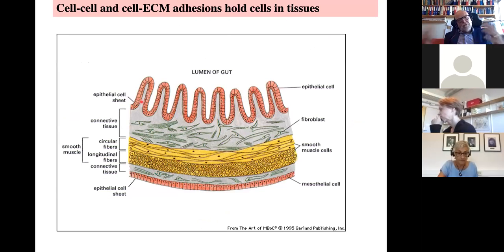So if you look at most tissues in the body, with a few exceptions like the brain, for example, you will see that it contains a mixture of interstitial matrix and basement membrane. So here we're looking at the gut. Here these epithelial sheets sit on a basement membrane.